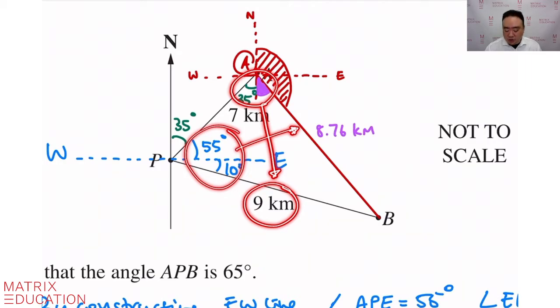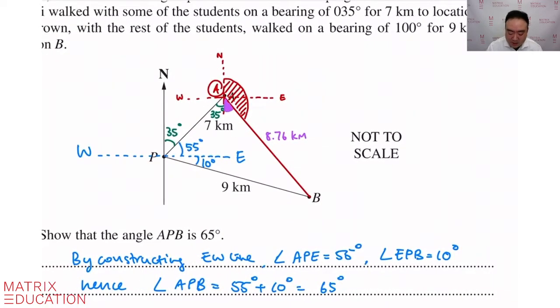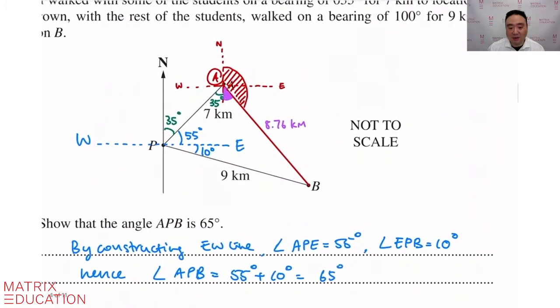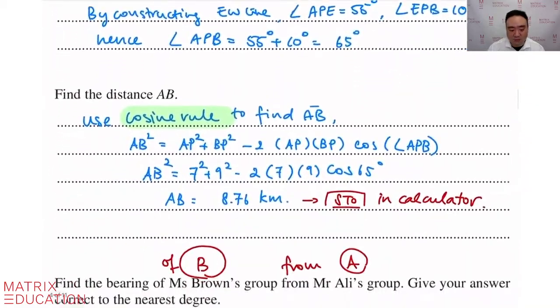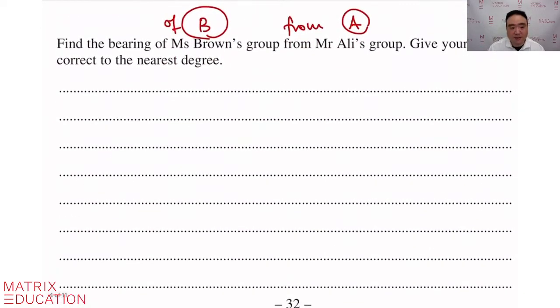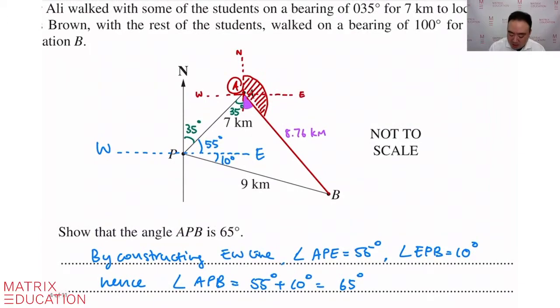So we're going to construct the sine rule. I'm just going to annotate here, and you can write down in the relevant section in this empty space. So use the sine rule. We have sine of 65 over distance AB, which is 8.76.